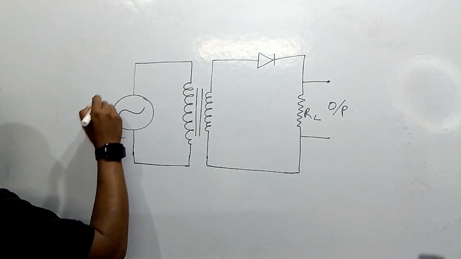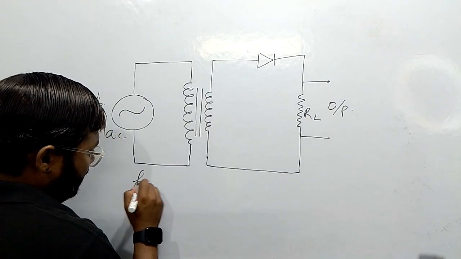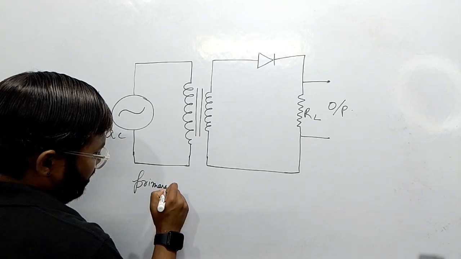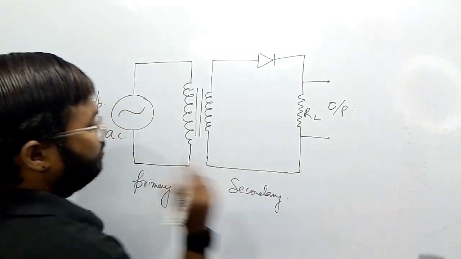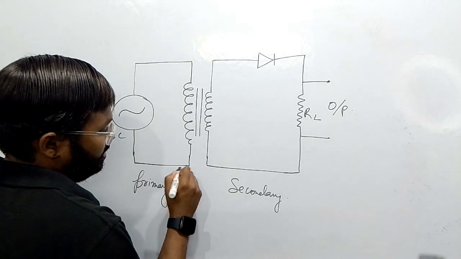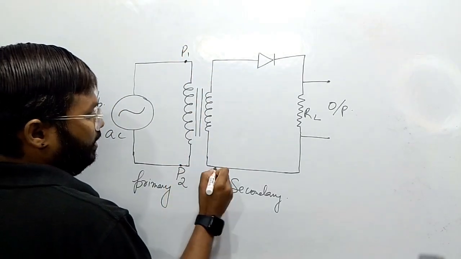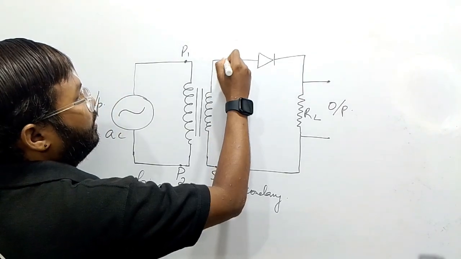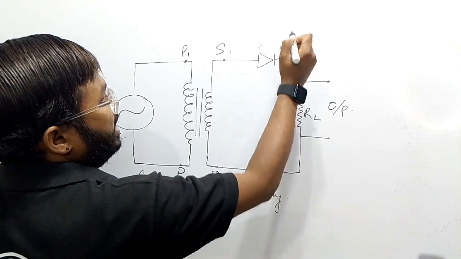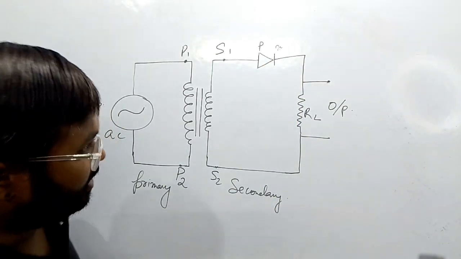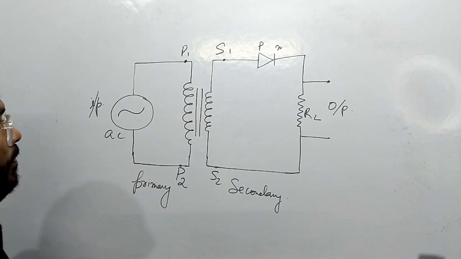This is the input, this is the primary part, and this is the secondary part. We can consider this as P2, this is P1, here S2, here S1. This is P, this is N. Anything else? No. Okay.